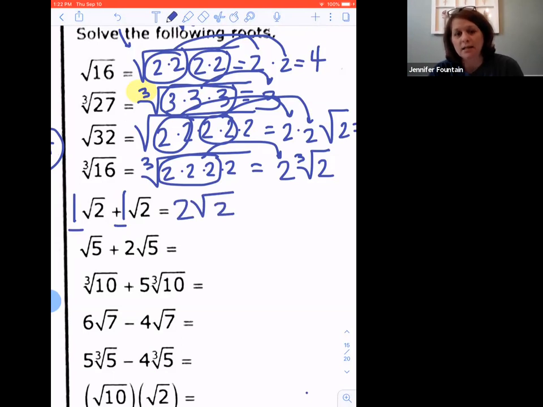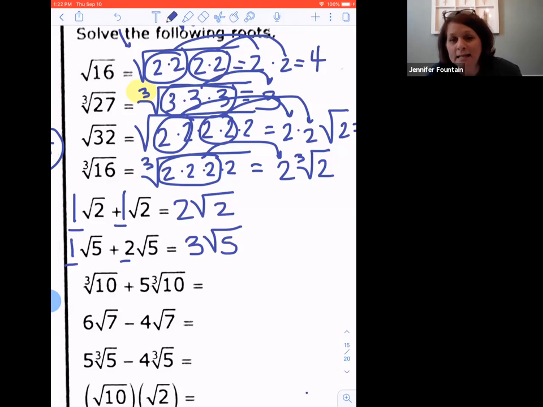Okay, so let's look at the next one. If I understand that this one is 1, both of them are dealing with the square root of 5, so my index and radicand are the same. So 1 plus 2 is 3, and I keep the square root of 5. Same thing with the next one.